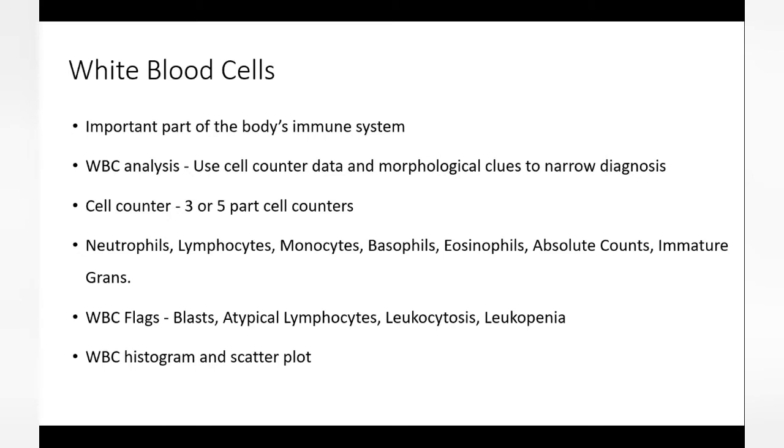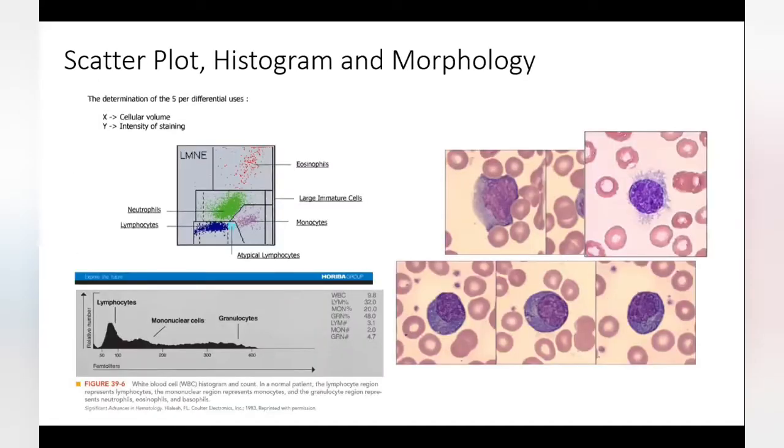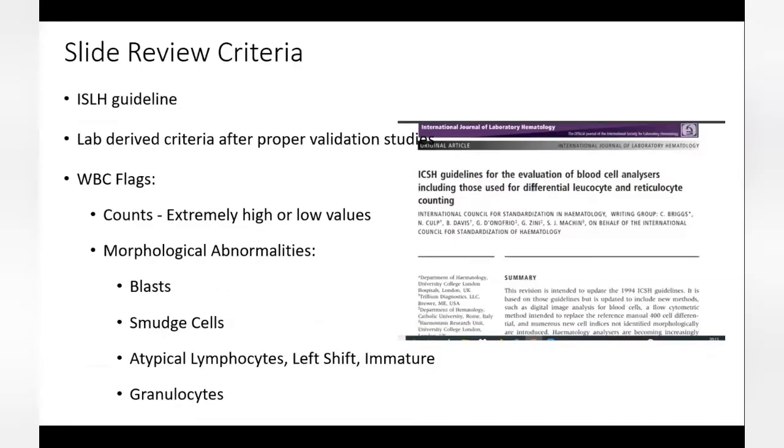And we try to enumerate and better understand the distribution of the 5 types of WBCs and also perhaps some abnormal WBCs if they're present. And these are the various raw data that go into reporting. We look at the graph, we look at the histogram, we look at the cells, and finally come to a kind of a conclusion. And we follow a certain level of criteria, which is quite standard.